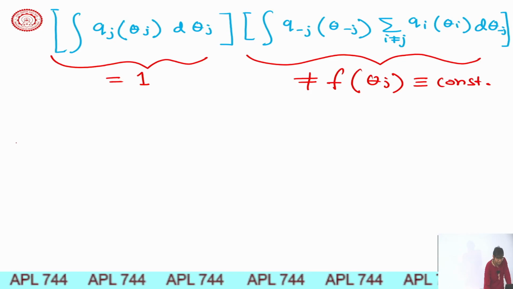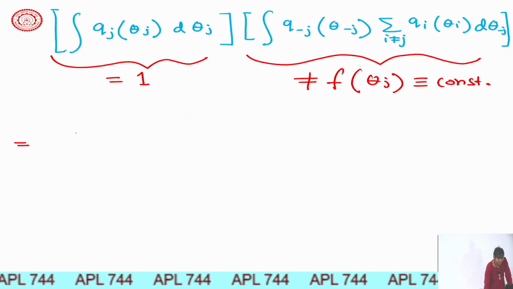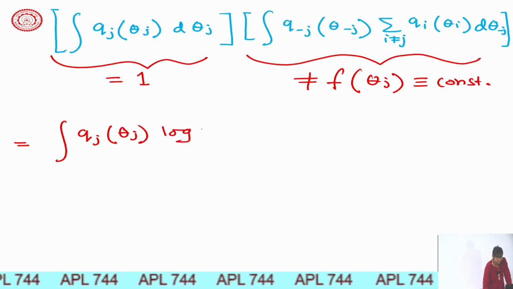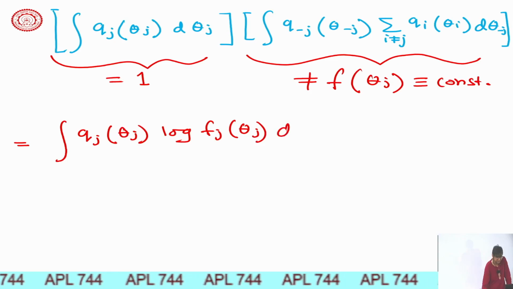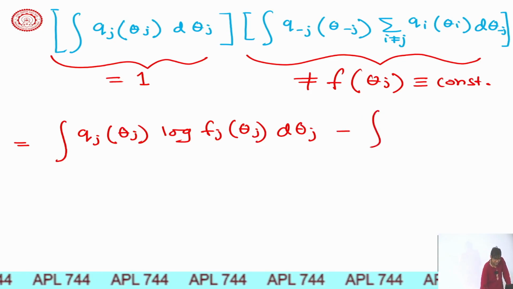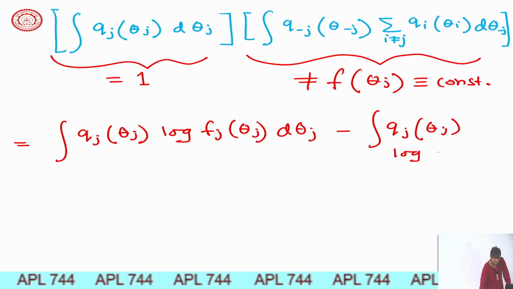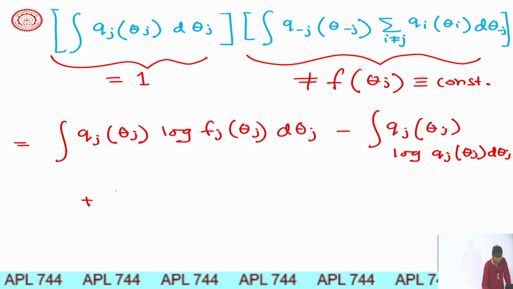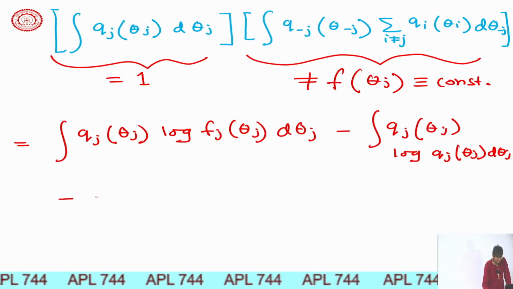So what are you finally getting after all of this? This finally is equal to the last line: integration of qj theta j log of fj, minus integration of qj theta j log of qj theta j d theta j, minus some constant.